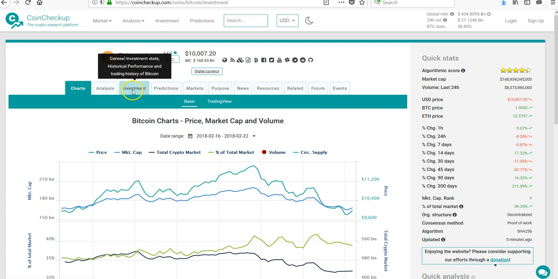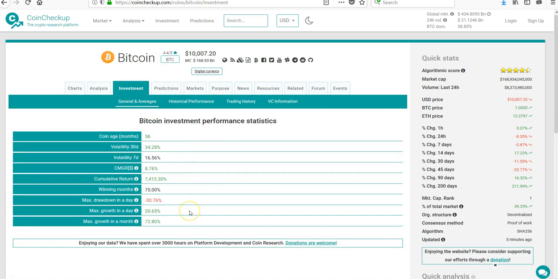If we take a look at the history here of Bitcoin, this cumulative return here is from the inception of Bitcoin, it has been up 7,400%. This is why, up against legacy financial instruments such as the stock market, it is performing very well and receiving, obviously, an awful lot of attention.